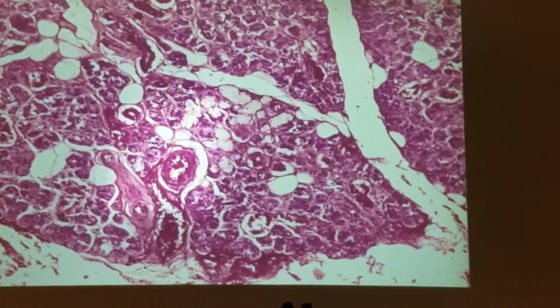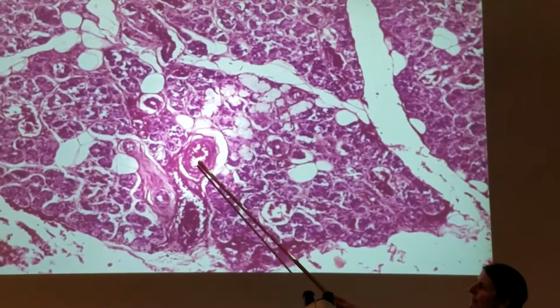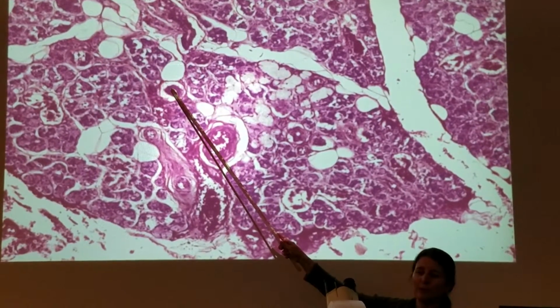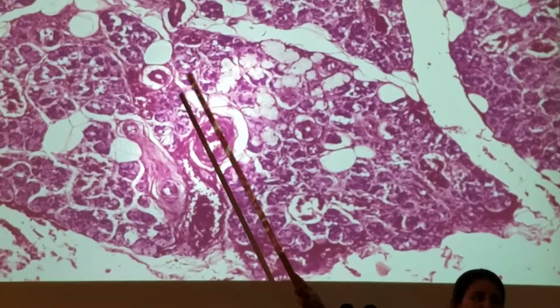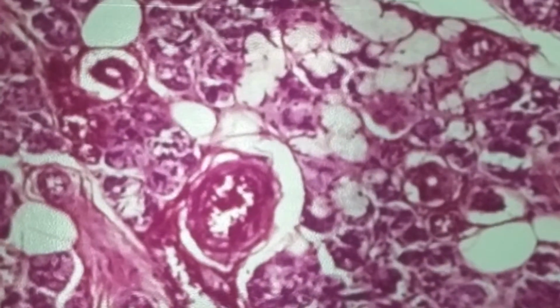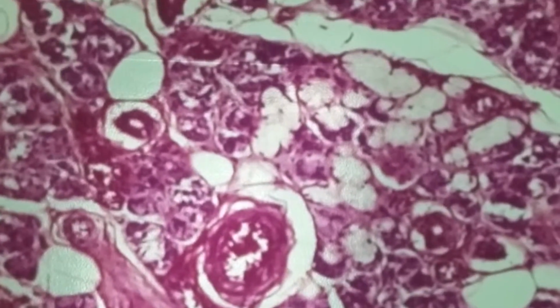So a salivary duct, we're looking for something like this. So this would not be it. That's like a vessel. This, again, looks so much better in here because I can actually see the cells. That is a salivary duct. So you should be able to see this kind of structure in it. The circle of cells, that's a salivary duct.